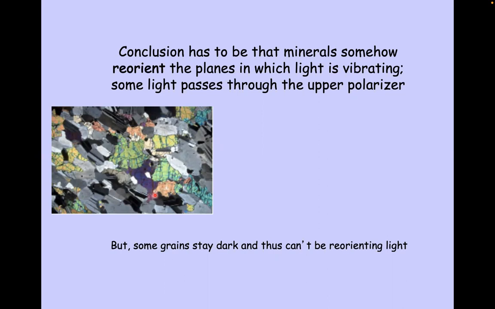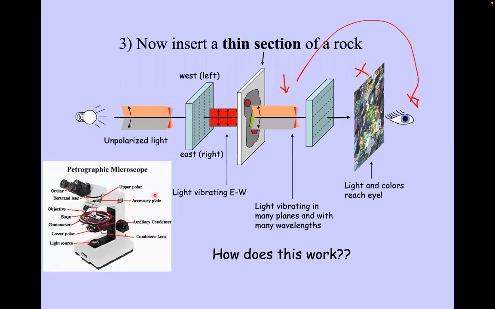So keep in mind that in that case, it's not a property of particular reorientation. That means it is also a property of changing color, like here, vivid color, right? So some minerals can remain dark, meaning those minerals cannot reorient the light at all, right?